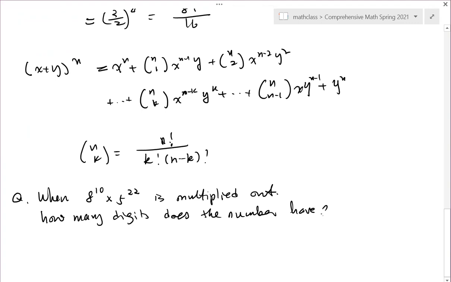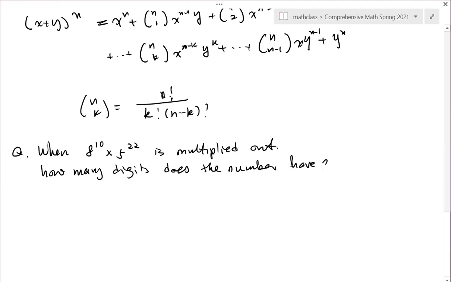Yeah, so we want to know how many digits the number has. You try this, okay? That is not a very difficult problem, but you have to find a way to estimate the number of the digits to calculate.